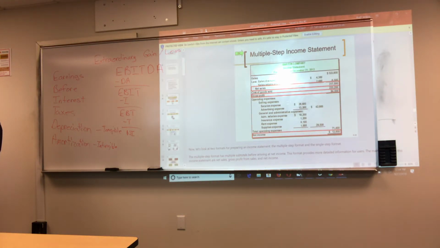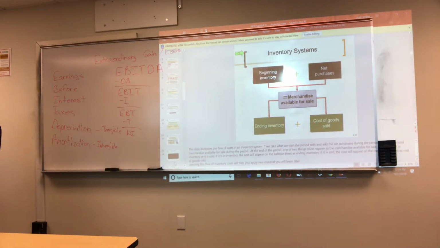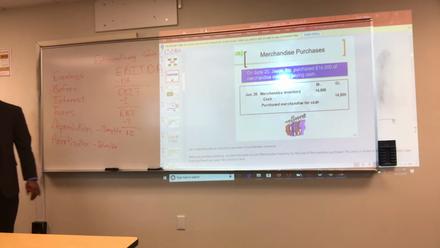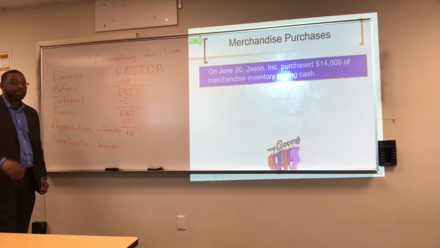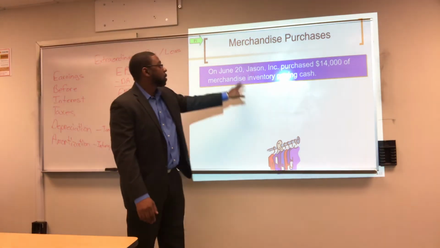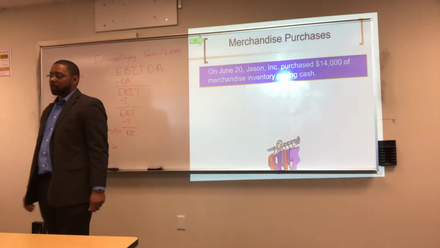Let's see, tell you what. We'll do one transaction, and we'll go to the income statement, and then that's it. So, this is a purchase of merchandise. Jason Inc. purchased $14,000 of merchandise, they paid cash.